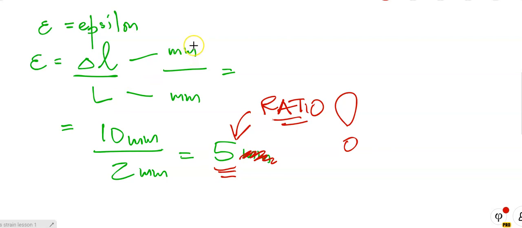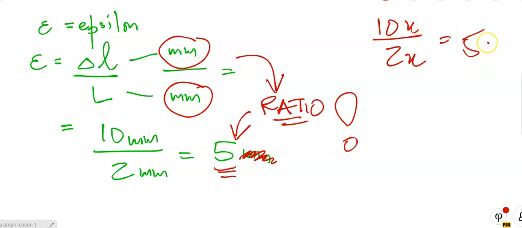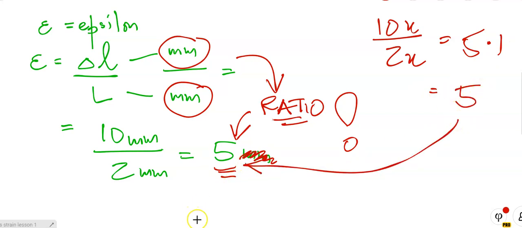Whenever you take a unit of measurement and you divide it by the same unit of measurement, you get a ratio. Now let's think if you did maths. If I say 10x divided by 2x, 10 over 2 is 5, and what's x over x? x over x is 1. What's 5 times 1? It's 5. That is why that answer is 5.